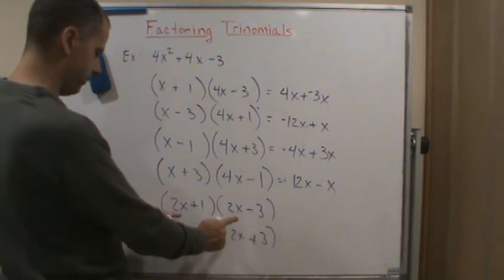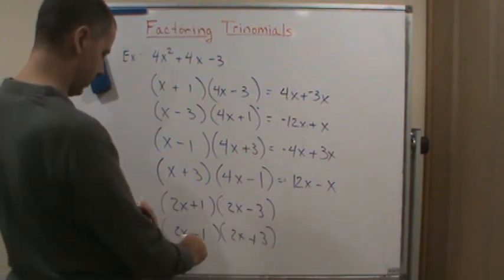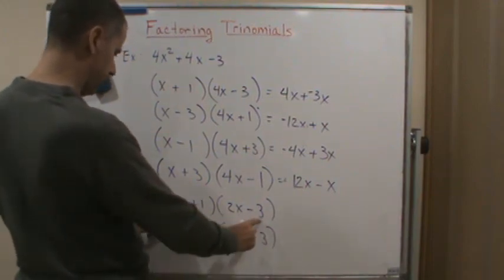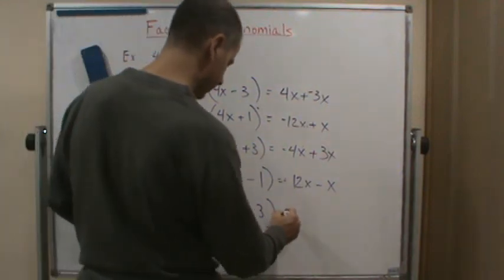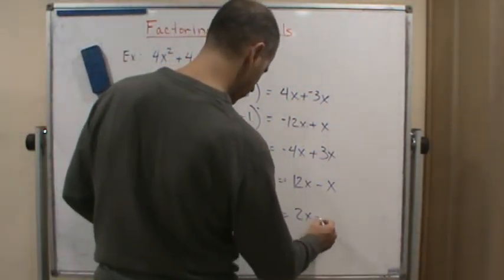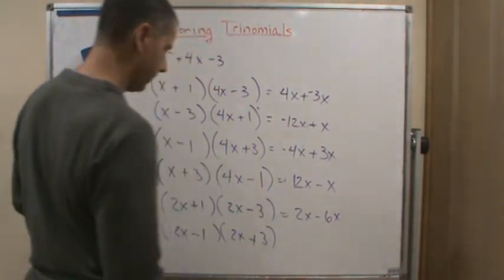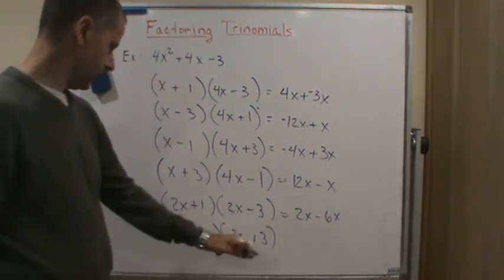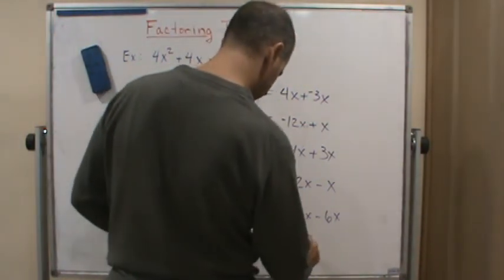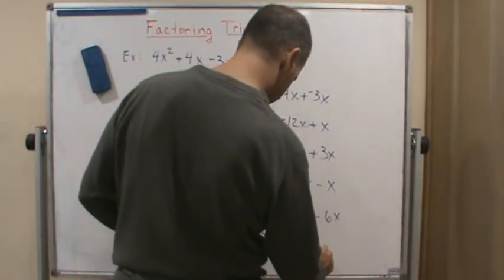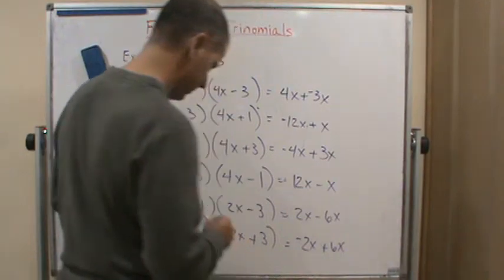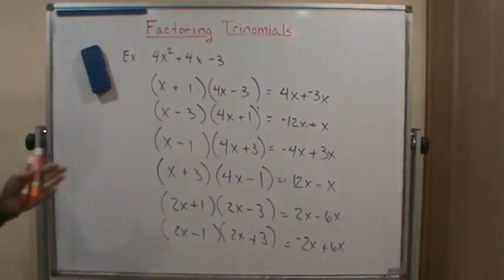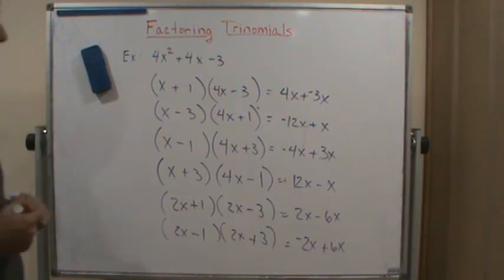This one gives us 4, oops, excuse me, wrong ones. 2 and -6. And this one gives us -2 and +6. And so we just got to add the coefficients and see which pair of coefficients gives us +4.